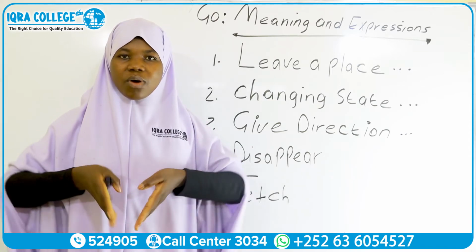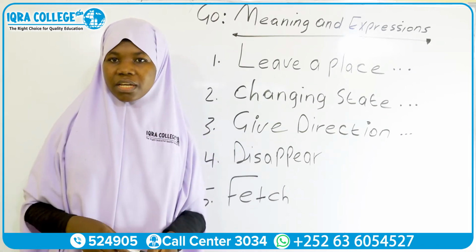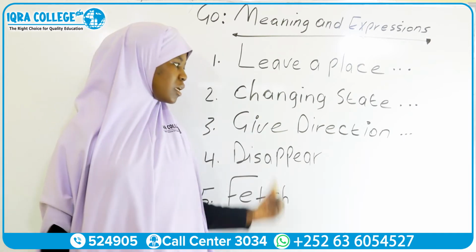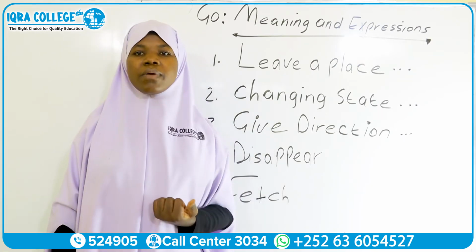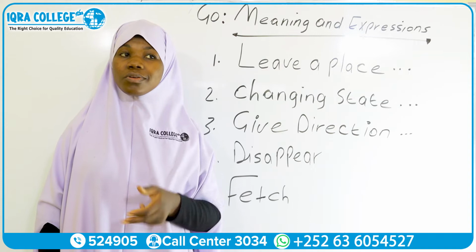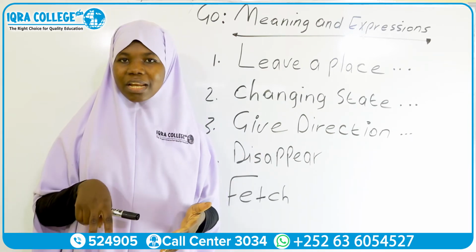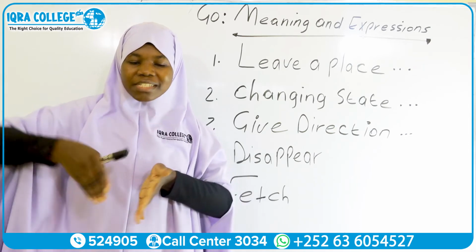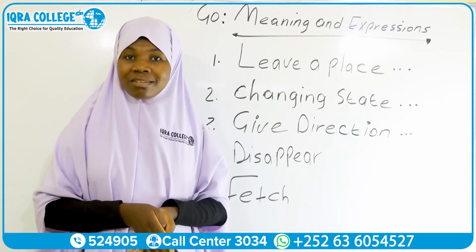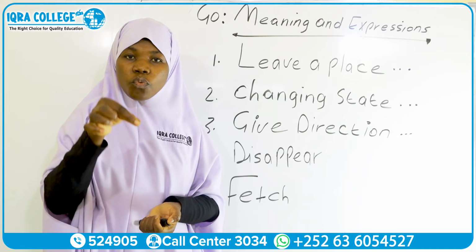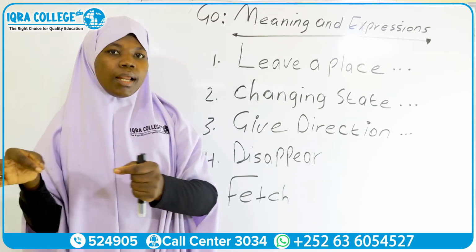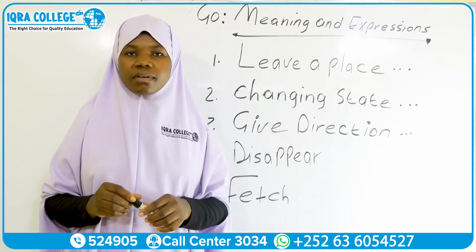For example, you can also use this way in a statement: I think this road goes to the airport. You're giving direction. Yeah, you want to reach from point A to point B.